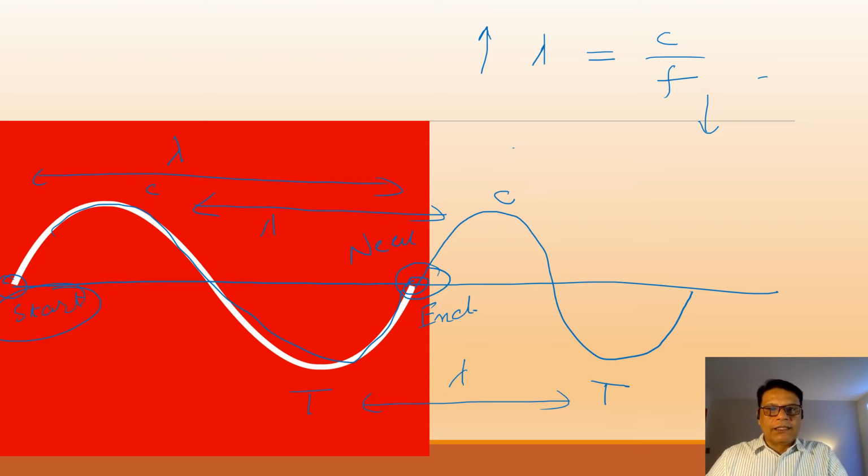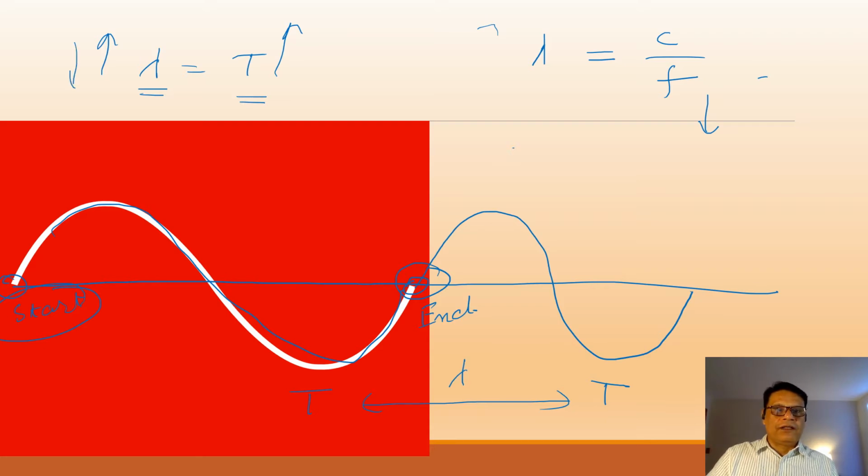We earlier discussed that time period is directly related to the wavelength. When wavelength increases, it will increase the size of the cycle, and when the size of the cycle is increased, it will take more time to complete that cycle. So by increasing wavelength, time period is automatically increased. There is a direct relationship between wavelength and time period.